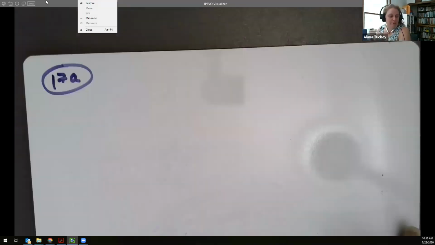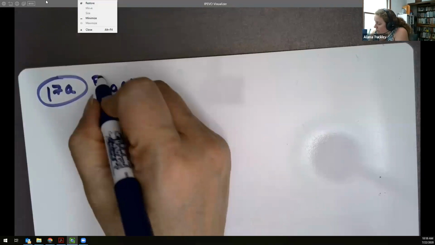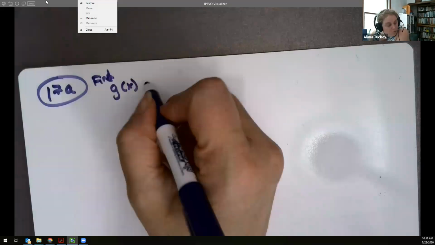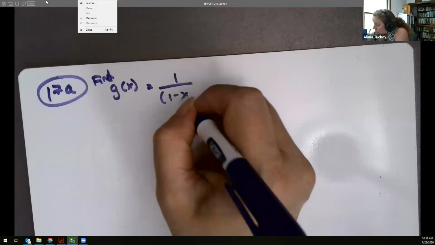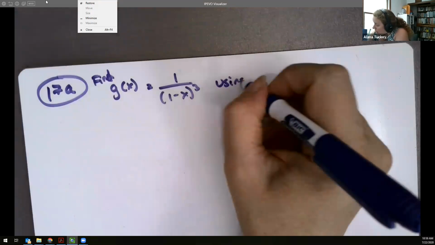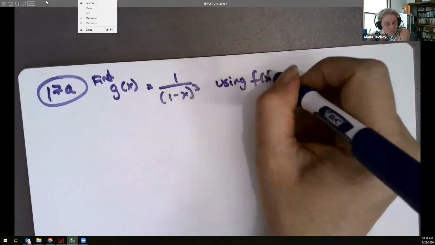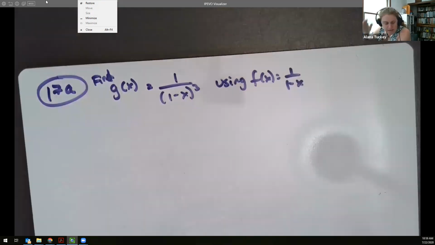All right, so I want to find g of x, which is equal to 1 over 1 minus x cubed, given f of x, which is 1 over 1 minus x. Okay. 1 over 1 minus x is on my Taylor series, my power series expansion things.